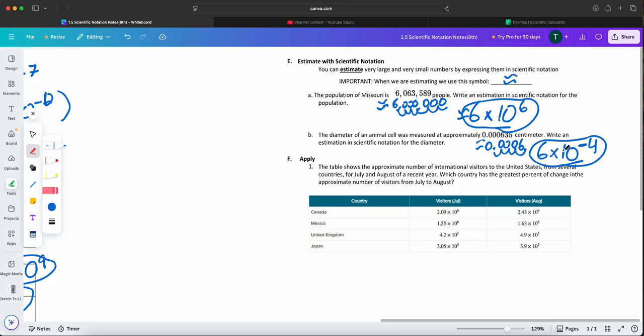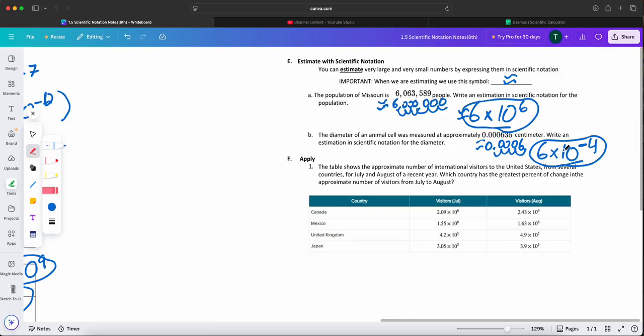So this next part here, it says the table shows the approximate number of international visitors to the United States from several countries for July and August of a recent year. Which country has the greatest percent of change in the approximate number of visitors from July to August?